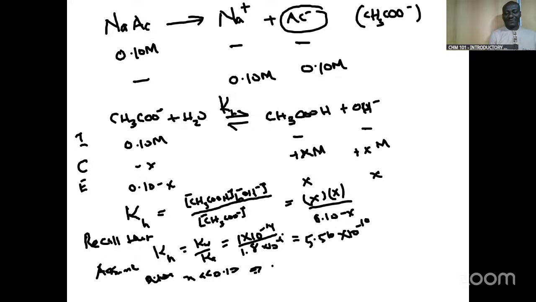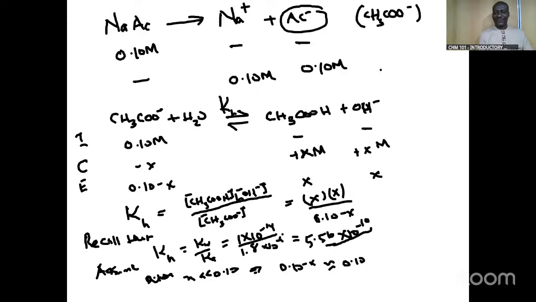It will mean, therefore, that 0.10 minus x will be approximately equal to 0.10. And of course that assumption is right, because what will make it right is the fact that this value is extremely small, as you can see. All right, so let's proceed.